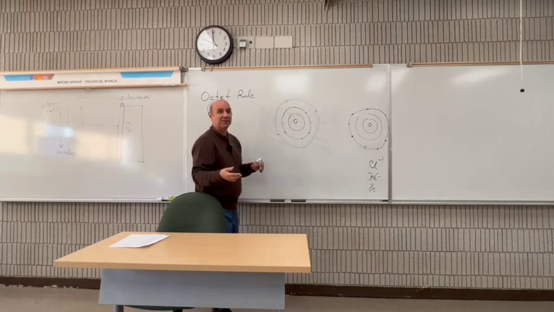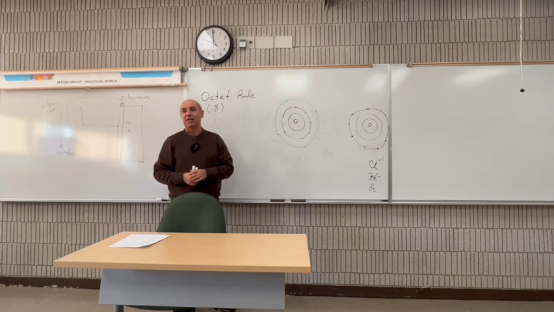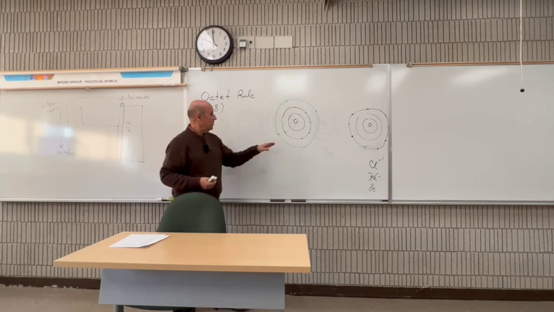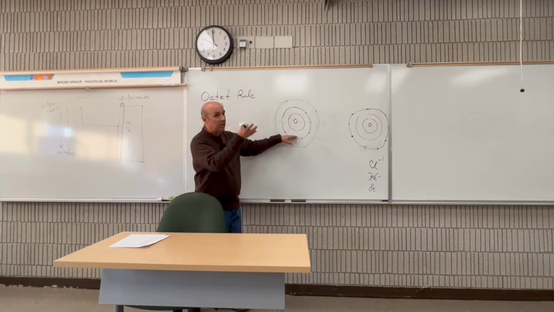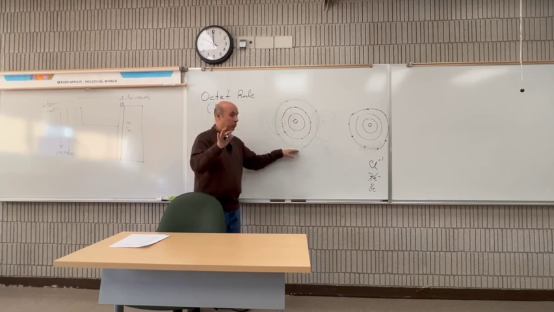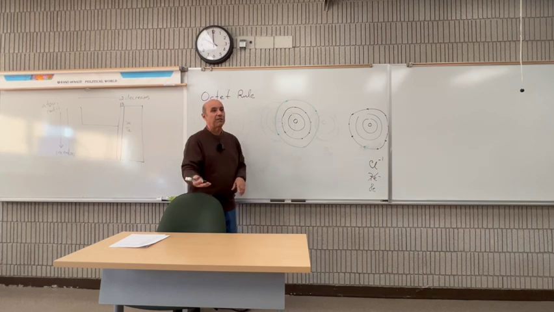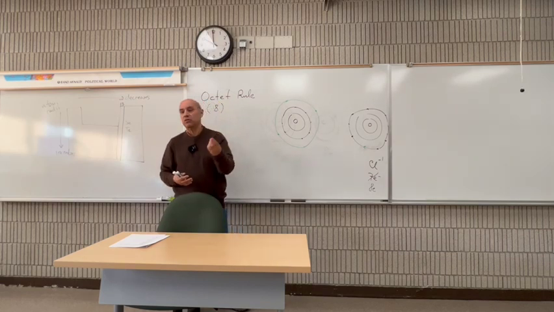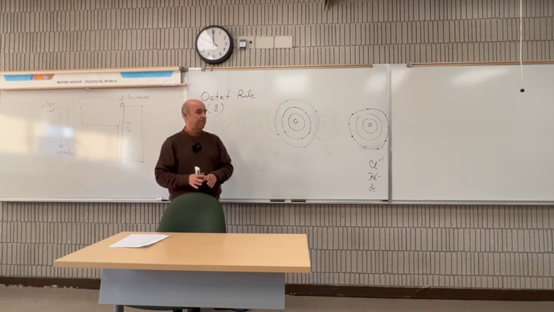Does that make sense? I mean, if we lose 3 electrons, we're going to get the next level inward with an octet. If we gain 5 electrons, we're going to get this level with an octet. Gaining 5 is more difficult than losing 3. To this point, we're still safe saying that. And that's what happens.